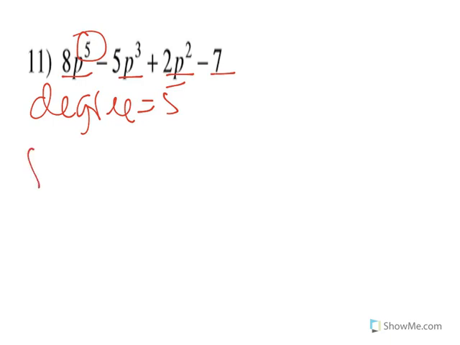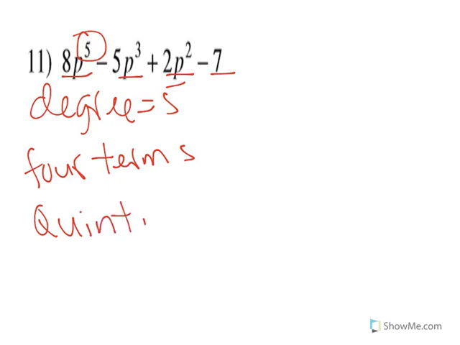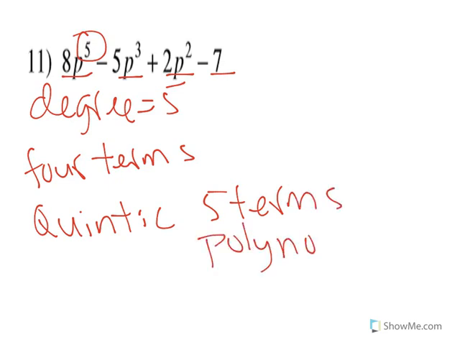So we have 4 terms. So, right? Okay, so for the degree of 5, this is called a quintic, 5 terms polynomial.